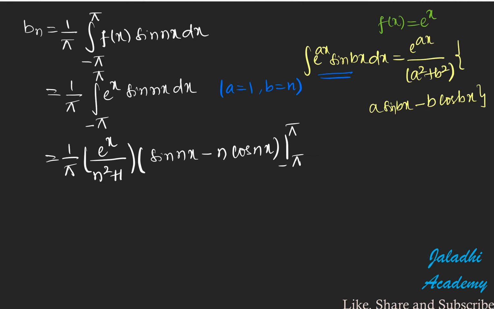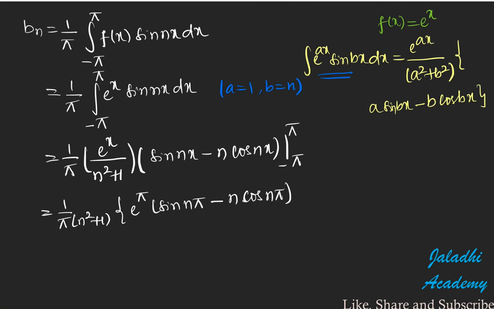Now replace x by the upper limit pi and x by the lower limit minus pi. 1 by pi (n^2 + 1), e^pi into, so now we are replacing x by pi, wherever x is there replace its value by pi.